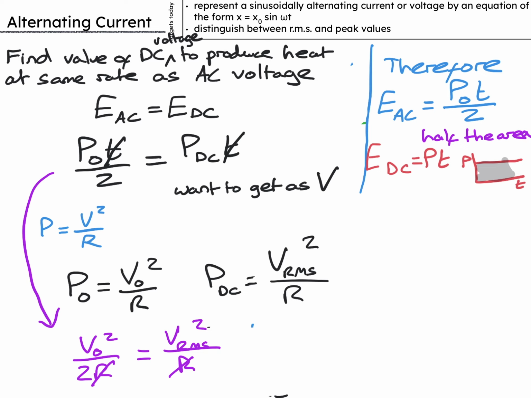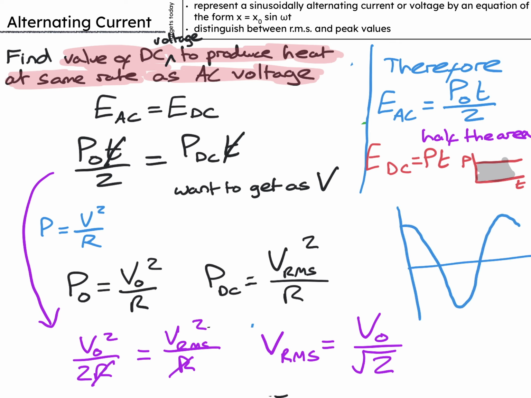So finally, VRMS equals the square root of V0 squared over 2. VRMS equals V0 over root 2. Remember, the RMS voltage is the value of DC voltage that would produce heat at the same rate as the AC voltage.